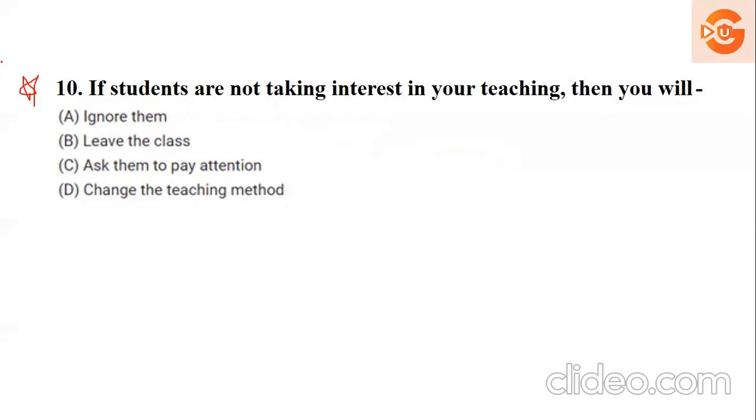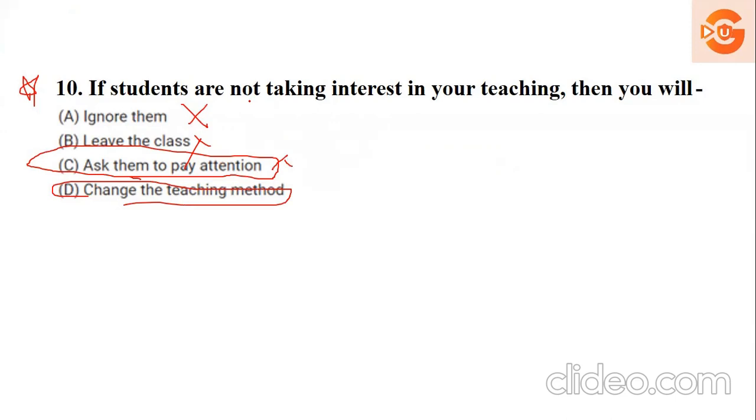Ignore them. This is definitely not an option. Leave the class, never. Ask the student to pay attention, you can do this. But in spite of them paying attention, if they are not understanding, then this is not an option. So change the teaching method. See, it's not that your method is wrong, but this child is not able to understand.